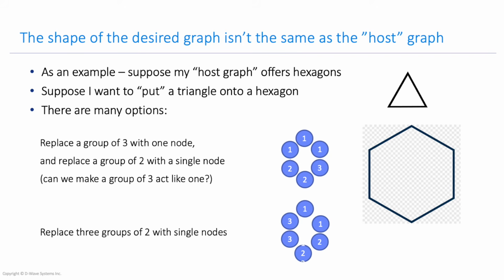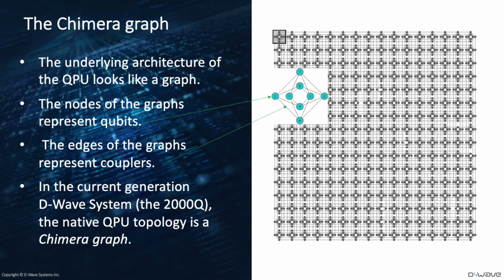In the bottom one, I've replaced each individual qubit with 2 physical qubits. So 2 1s, 2 2s, 2 3s, and those will connect like a triangle on the hexagonal shape. So this all has relevance, and we're going to now talk about how we deal with this, which is a subject called embedding.